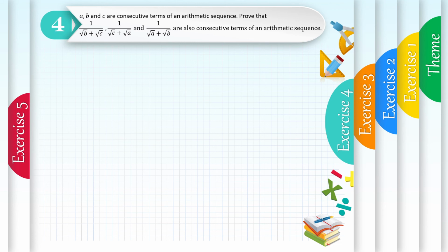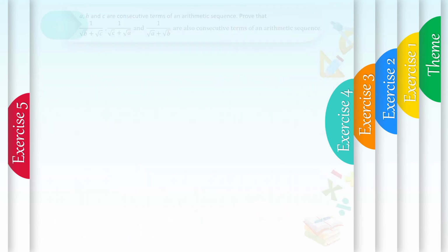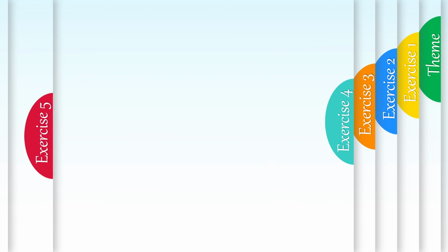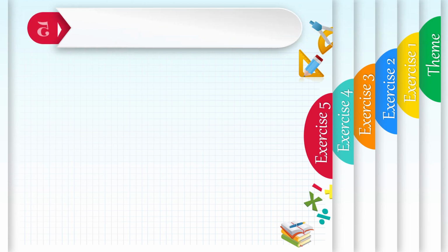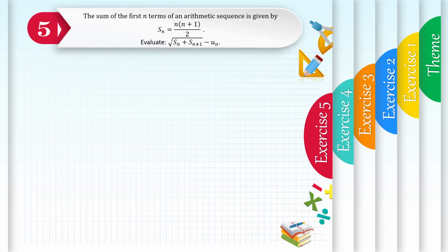Now let's move to exercise number 5. In exercise number 5, we have the following. The sum of the first n terms of an arithmetic sequence is given by the formula S sub n is equal to n multiplied by n plus 1 over 2.